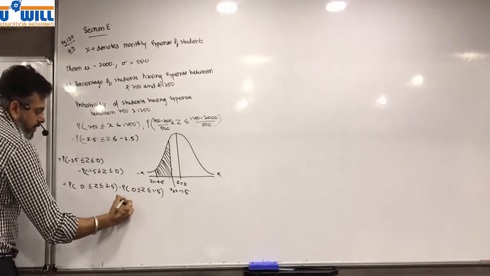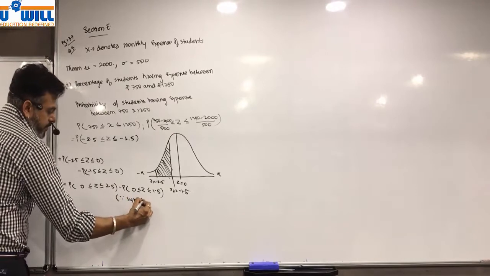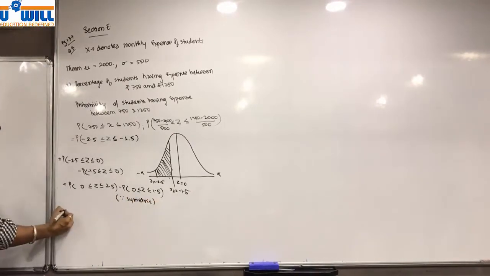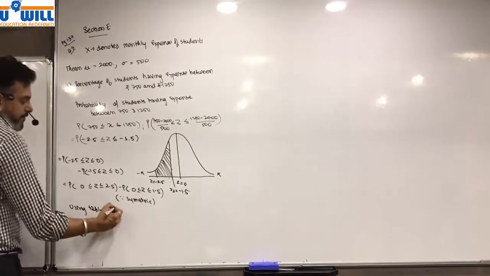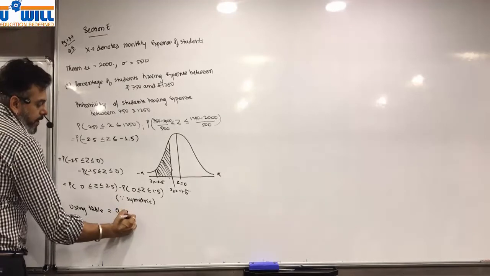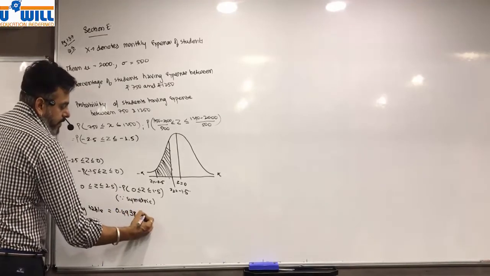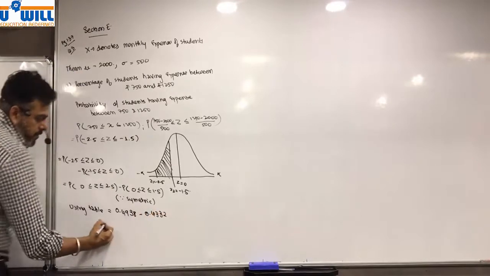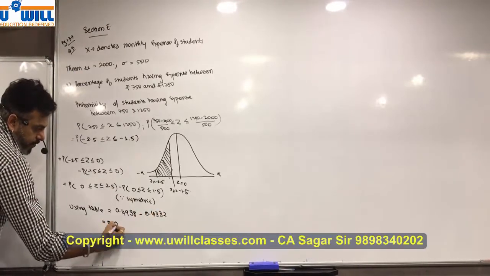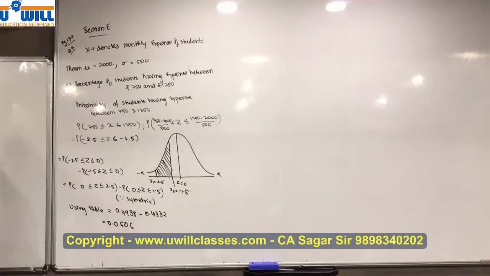Why? Because symmetric. Using table, what is 2.5? 0.4938 minus 0.4332 is equal to 0.0606.